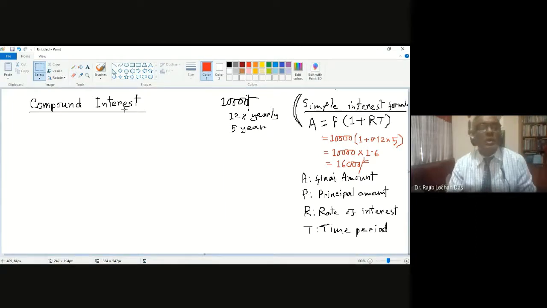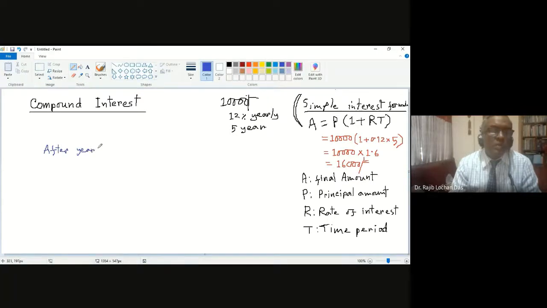Now we will come to the compound interest situation. What is happening here after year one? What is the amount you are getting after year one?